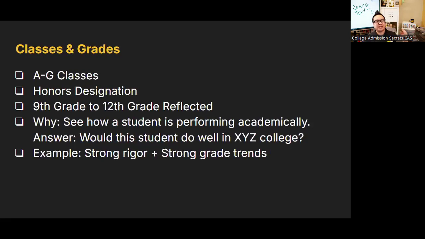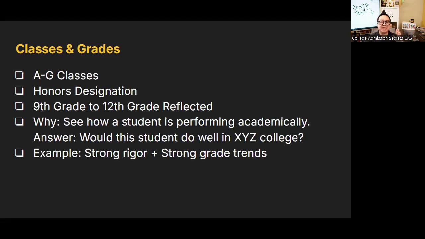The next piece to look at is the classes and your grades. The UCs are very particular. They'll only look at your A through G classes, right? So if you took PE or health or classes like TA that don't count towards the A through G requirements, it will not show up on the reader's end, okay? And you're going to designate the honors for this as well, right?